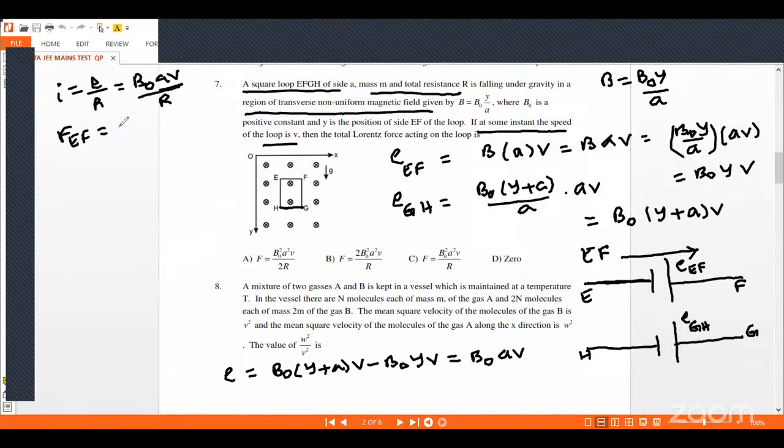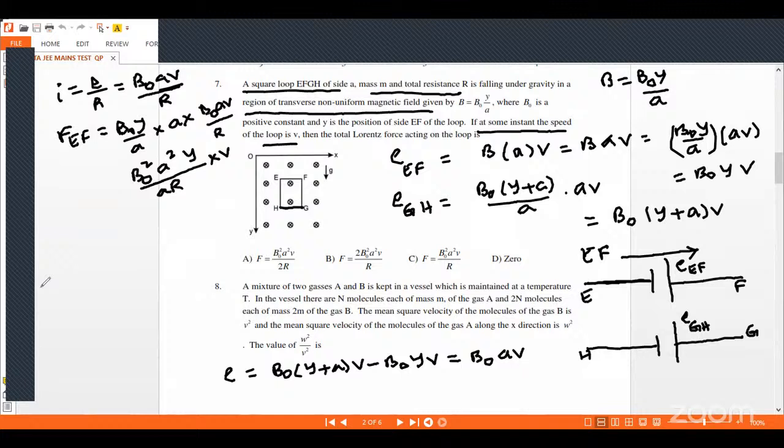B along EF is B naught Y by A, L into current B naught AV by R. So, B naught square A square Y by R into A into V.